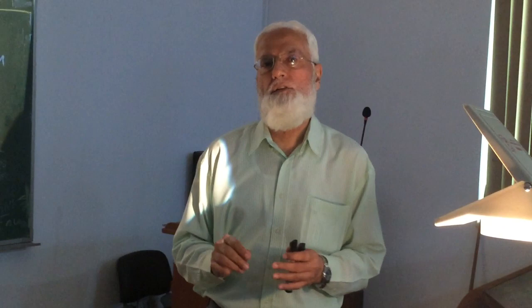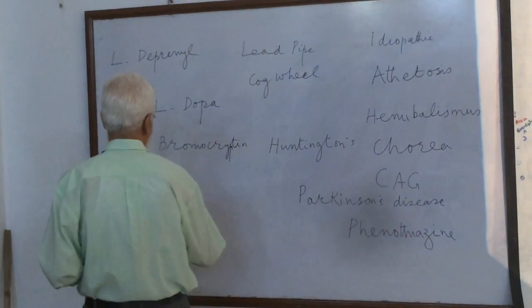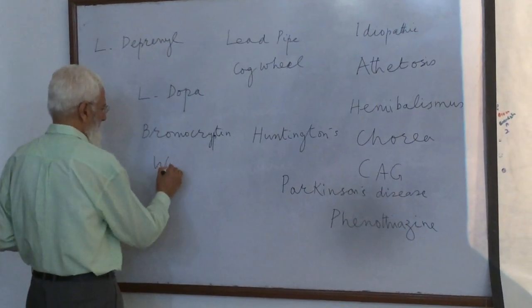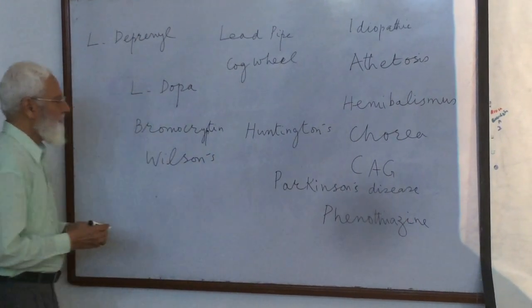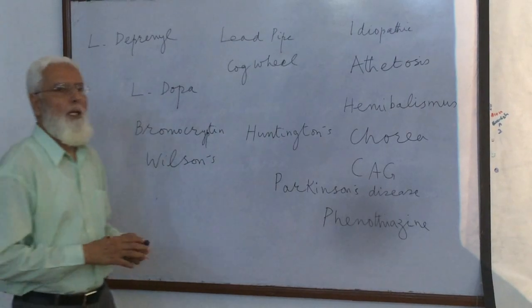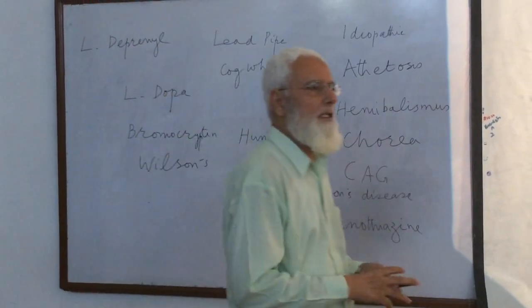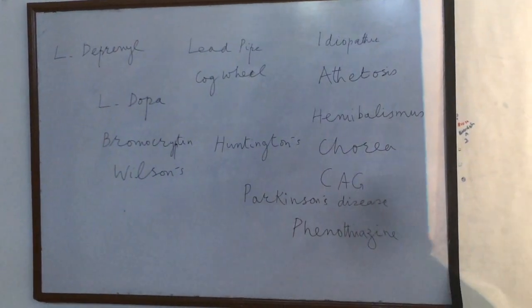So this was about the treatment of Parkinson disease. Another disease of the basal ganglia is Wilson disease, also called hepatolenticular degeneration.